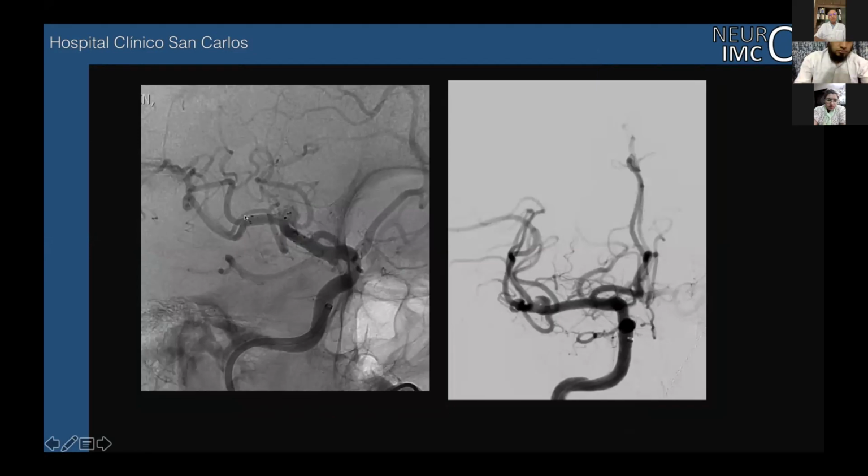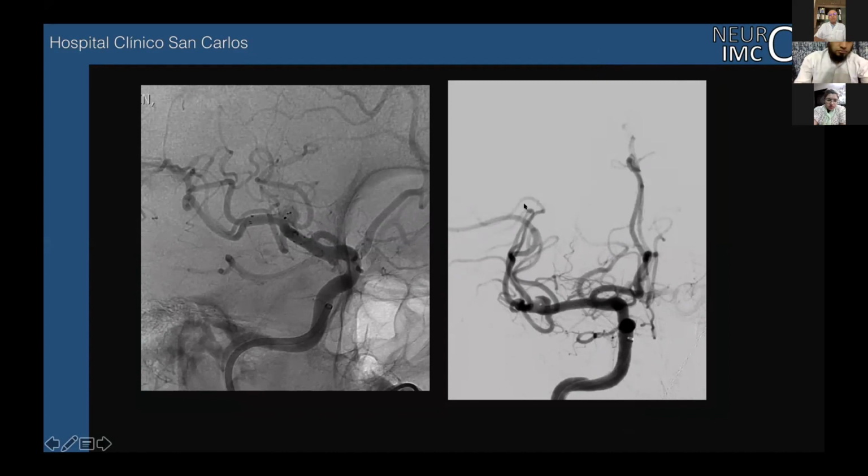Finally, I decide to deploy one Atlas neuroform stent to change the position of the WEB, because some part of the WEB is in the middle cerebral artery.